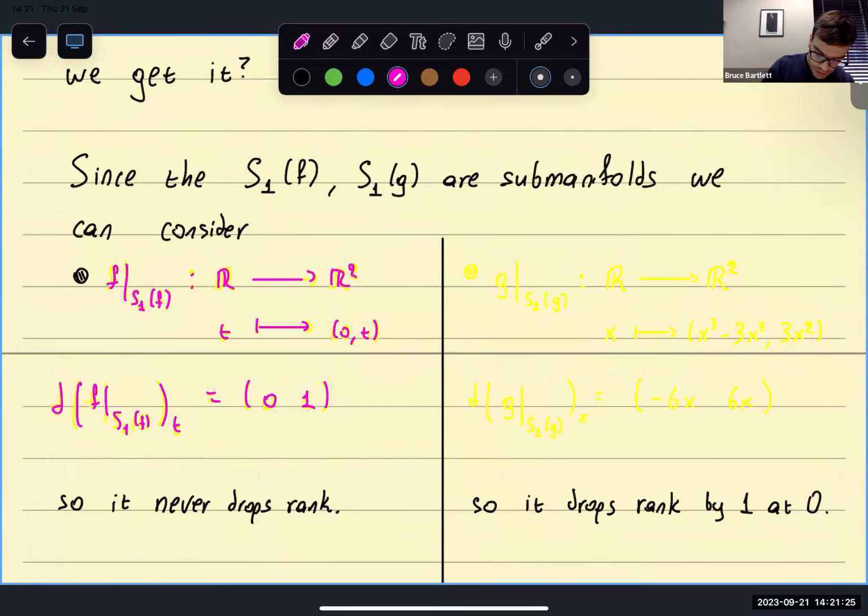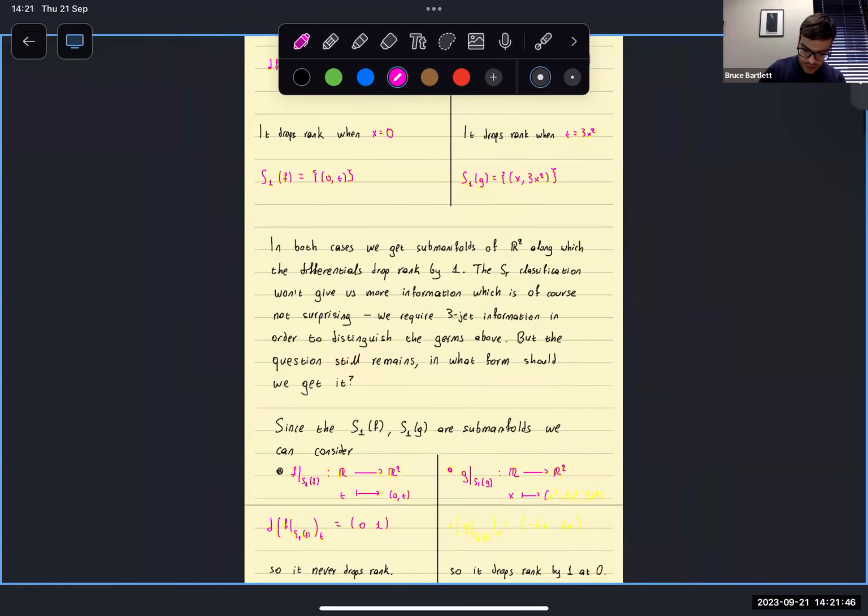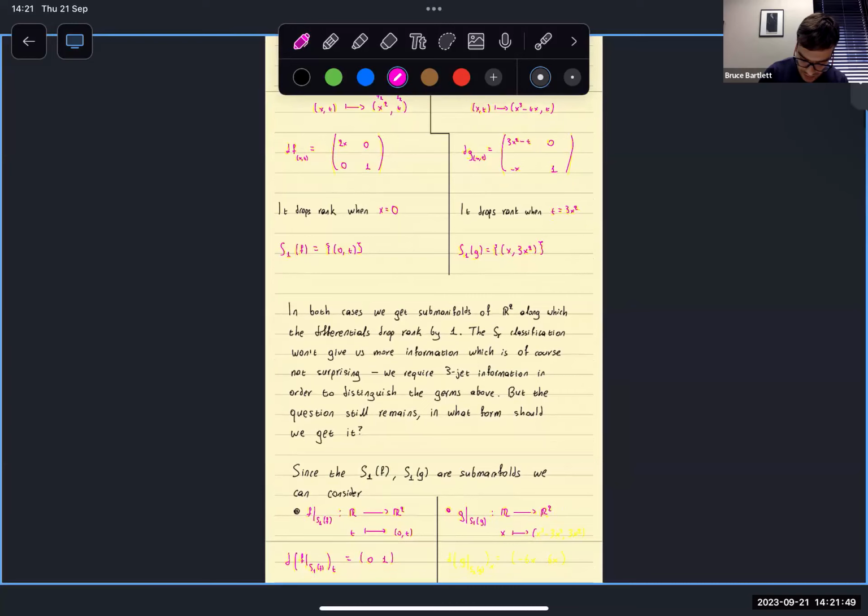Whereas if I do the same for G restricted to S1G, I will again get a map from R to R2, and this map is going to send x, if you look at the formula here, to x cubed minus 3x cubed, comma 3x squared.